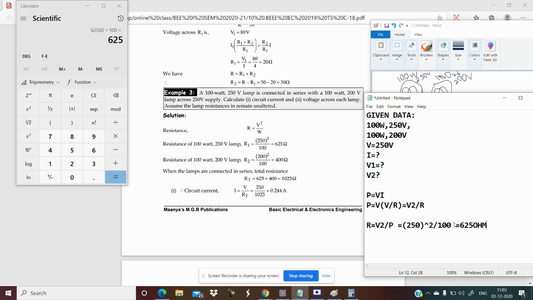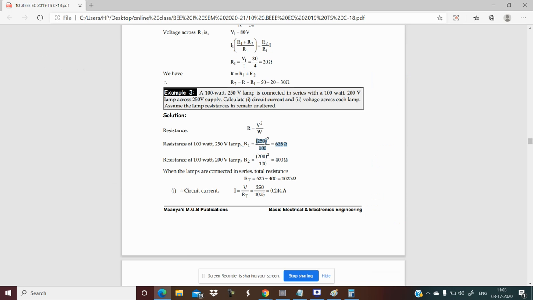As it is resistance, the unit is ohm. This is the first resistance, so I am calling it R1. The first resistance value is 625 ohms.